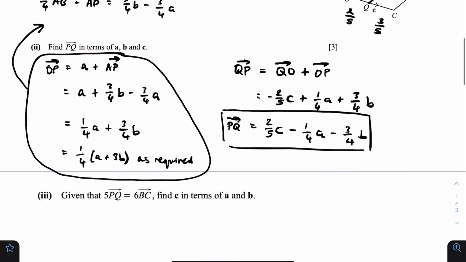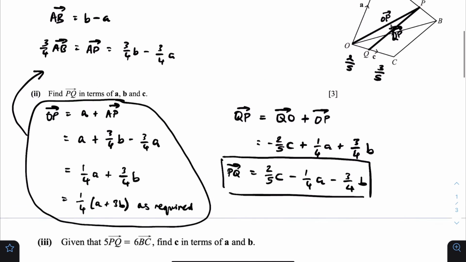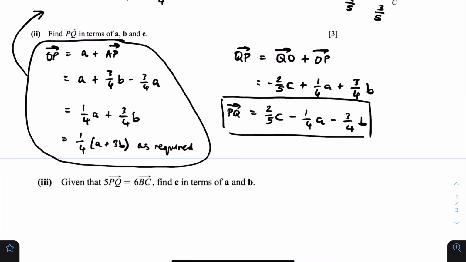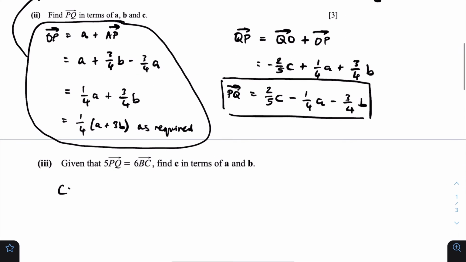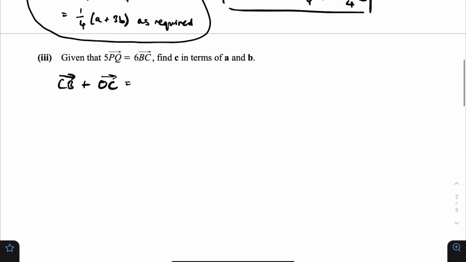That's our answer. And it says, given that 5PQ is equal to 6BC, find C in terms of A and B. So BC, we can tell based on this. I'm going to write this as CB first. So CB plus OC is equal to OB.